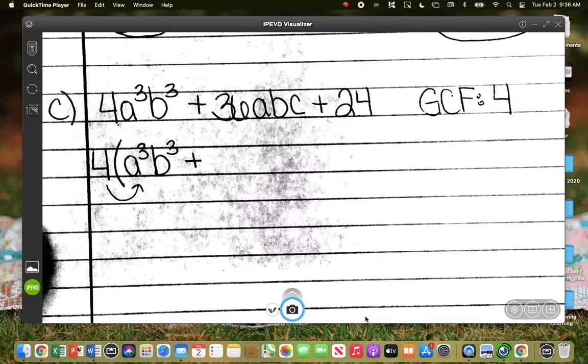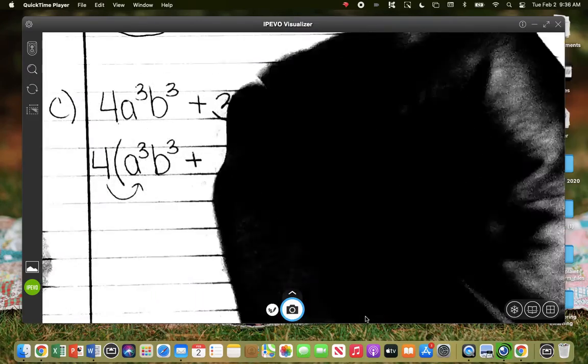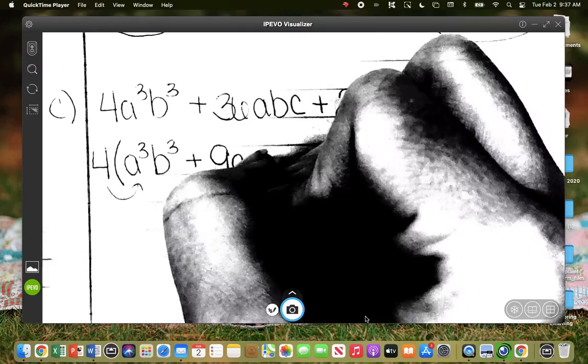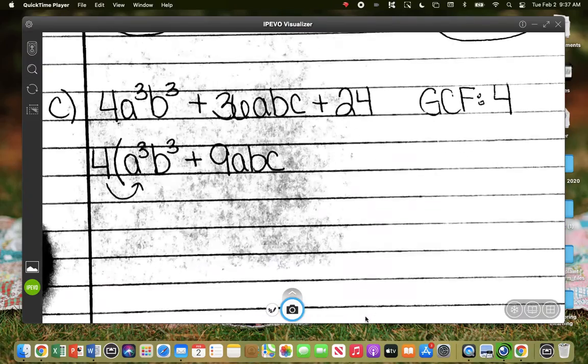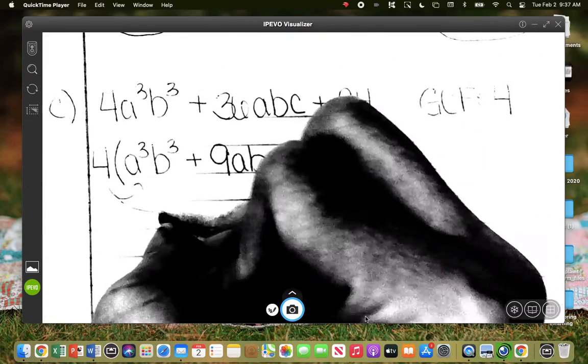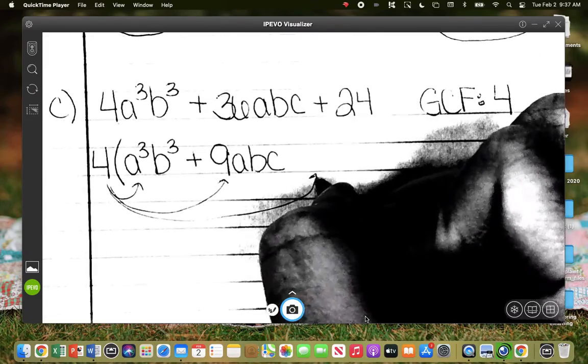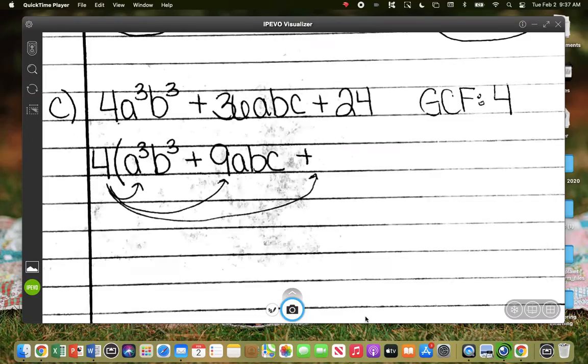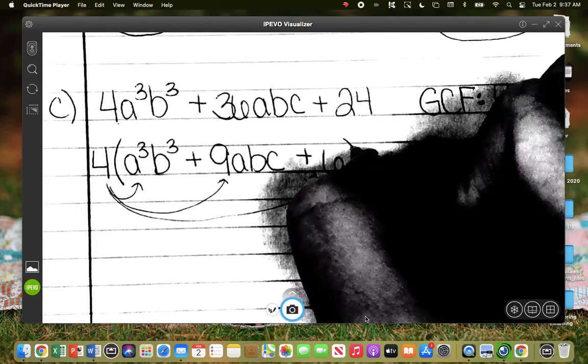You'll say 4 times what will give me 36? 9. And then the variables are all still there because I didn't take any out. And then my last part, what do I need here to get plus 24? Just a 6.